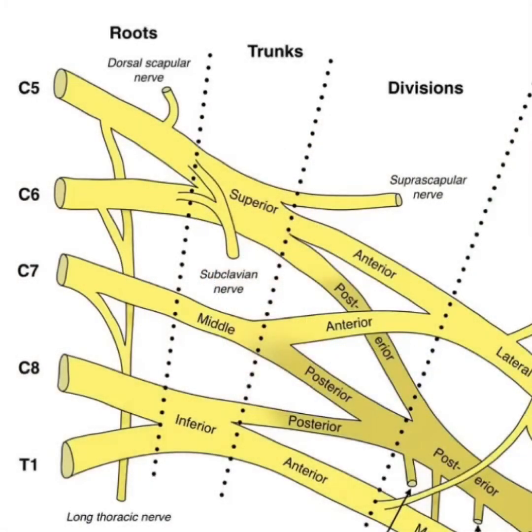Then the trunks of the brachial plexus. There are actually 3 trunks of the brachial plexus. You have the superior trunk, the middle trunk, and the inferior trunk, and they are named due to their anatomical position.